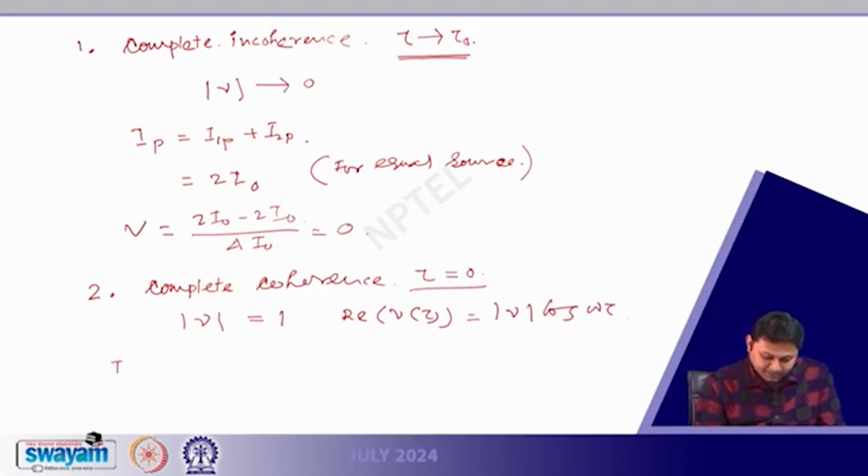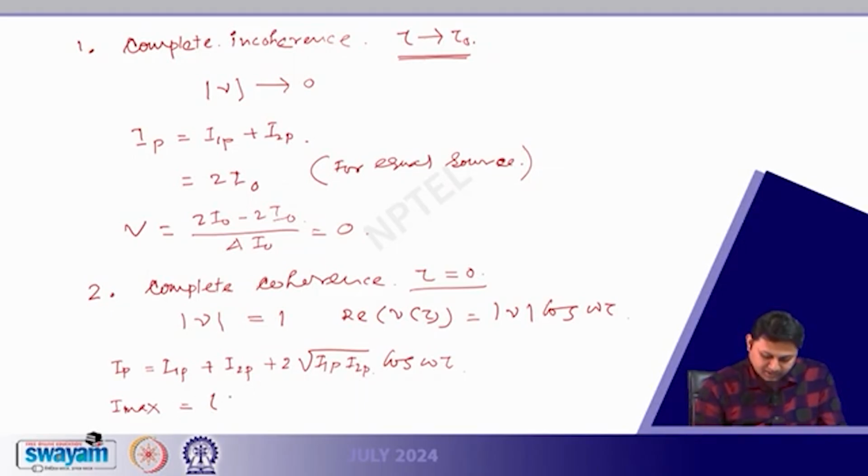So IP in that case becomes I1p plus I2p plus 2 root over of I1p I2p and cos of omega tau. Now this cos of omega tau has a maximum and minimum, so I can write I max as IP.